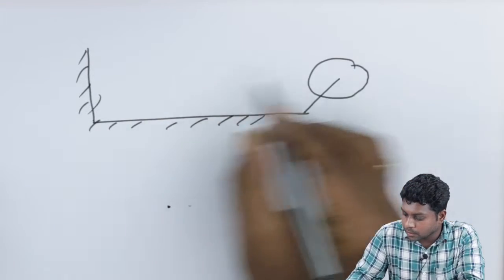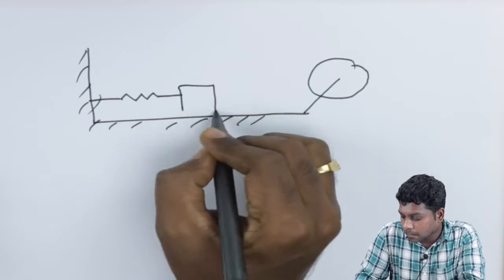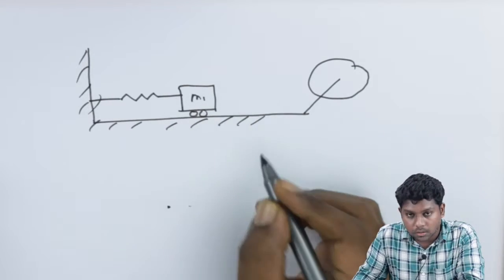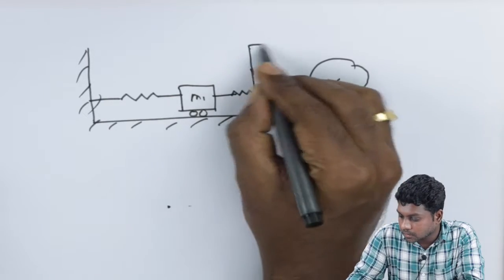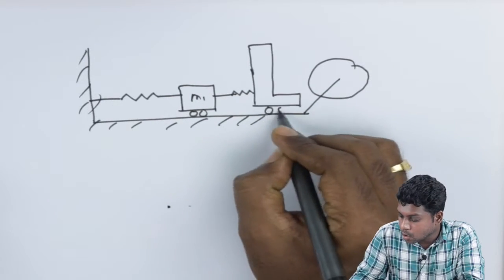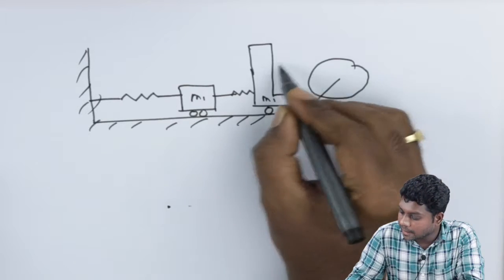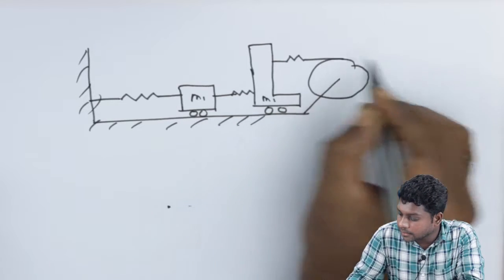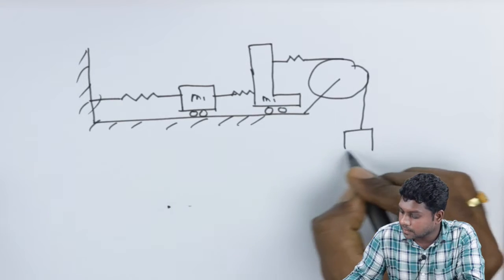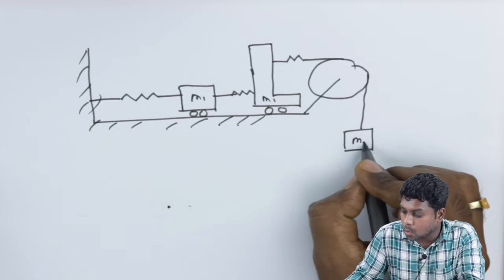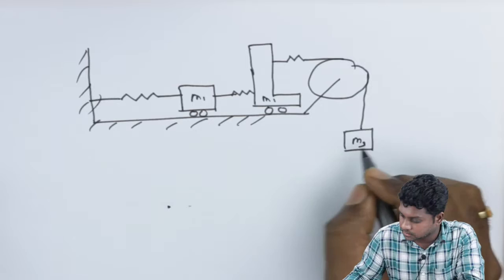I will take a pulley over here, a block. This connects with one more block, and that in turn gets connected with a pulley, and that in turn gets connected with one more block of mass.